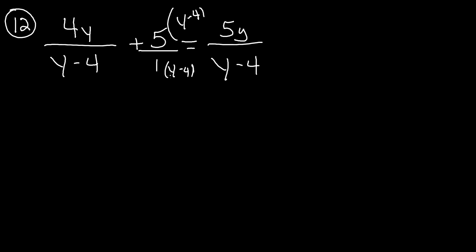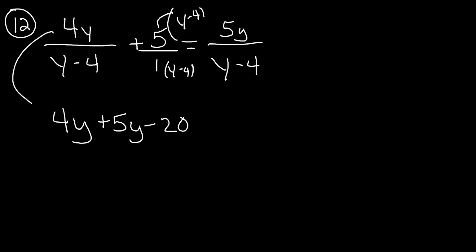Okay, that was easy enough. So I can discount the denominator and simplify my numerator. I've got 4y plus 5y minus 20, distributing the 5 to the y minus 4. That equals 5y.